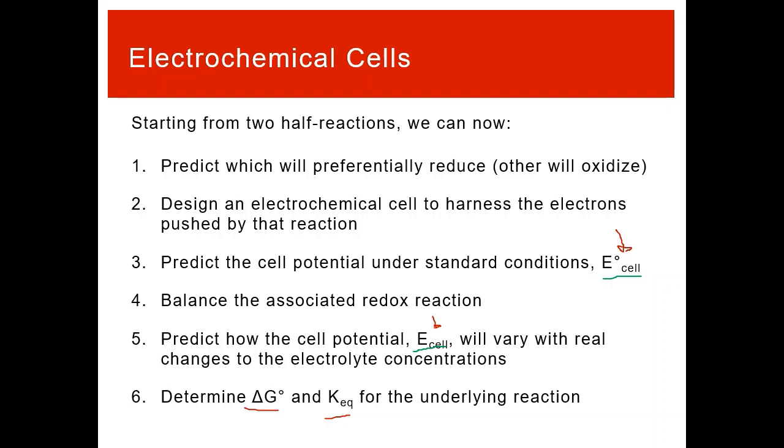You just use a voltmeter. And then you can take those easy to measure values and turn them into interesting but hard to measure values like the delta G and the equilibrium constant. So we got a nice comprehensive description of these spontaneous electrochemical cells.